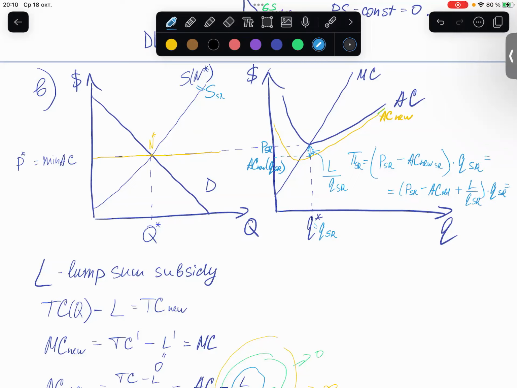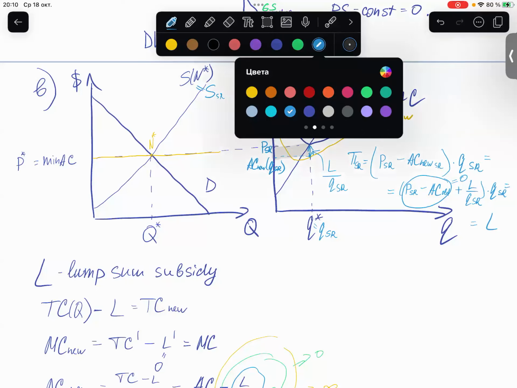The price in the short run and the previous minimum of average cost are equal to each other. So this is equal to 0. And we see that our firm will gain exactly the profit that is equal to this lump sum subsidy. Obvious, yes? I understood it intuitively. So this difference is the profit of our firm in the short run.